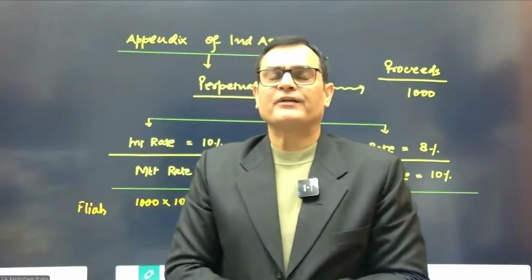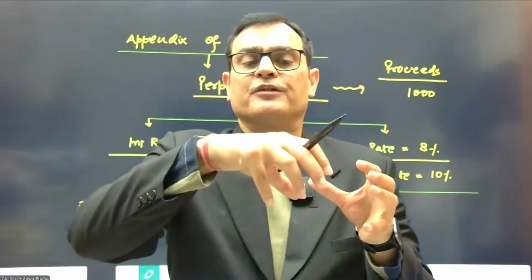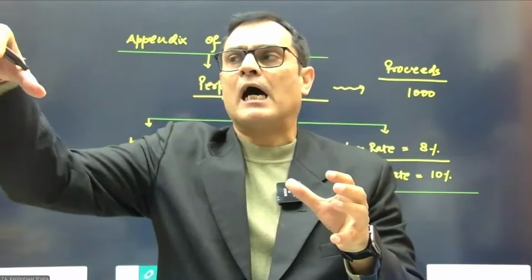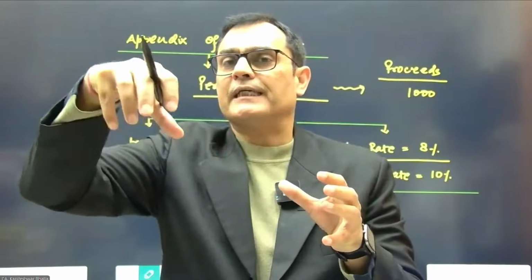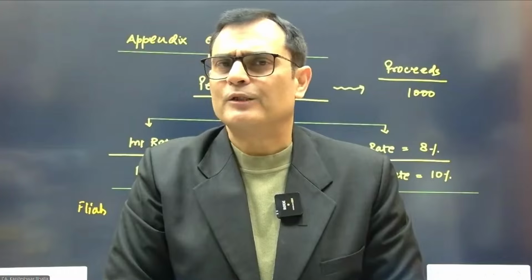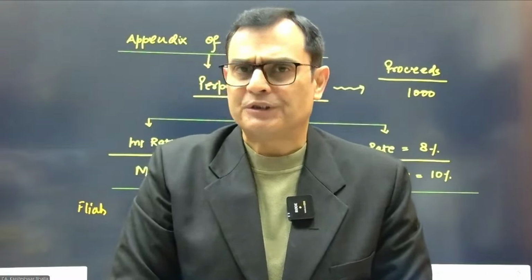Just apply your financial management concept: this 100 is the annuity which is going to be paid forever. So how do you calculate the present value of an annuity till perpetuity?